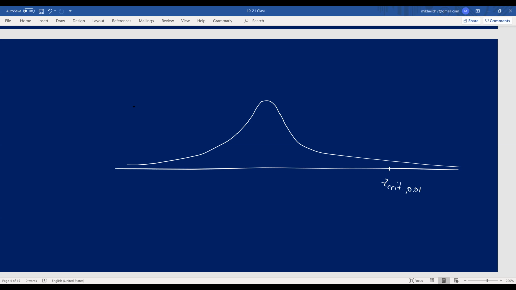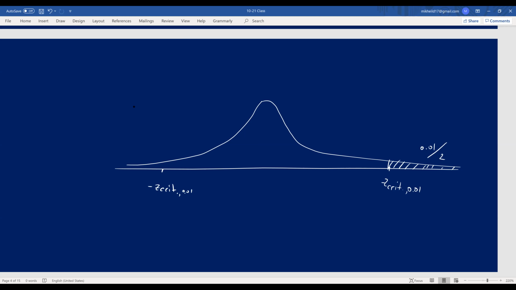Because the test is two-sided, here you have 0.01 divided by 2, and here minus z critical, again at 0.01.